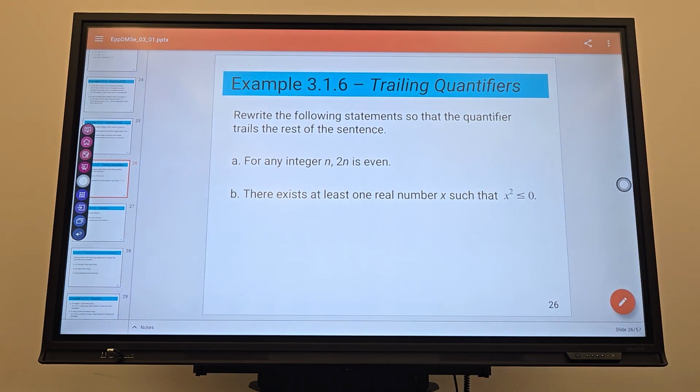Trailing quantifiers. You do not have to put the quantifier first in an informal expression of the statement. So if 2n is even, you can say 2n is even for any integer n. Just flip the phrases around.